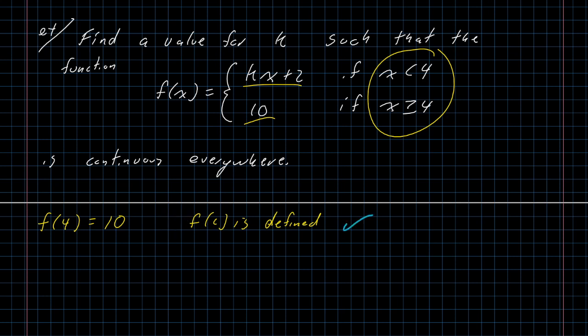All right, that's the first thing we need in order to show that a function is continuous. The second thing we need is the limit. The limit as x approaches 4 of f of x. And because this is a piecewise defined function, that limit will be different on the left and on the right.